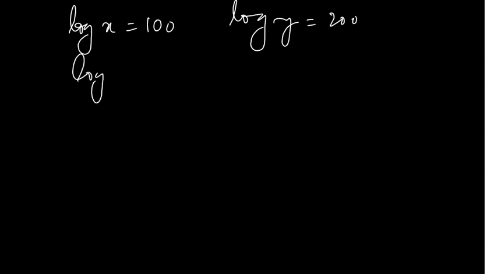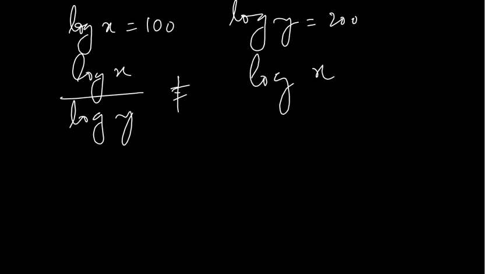Log x is given 100. Same question. Log y is given 200. What's log x divided by log y? Definitely this is not equal to log x by y. Both are different.